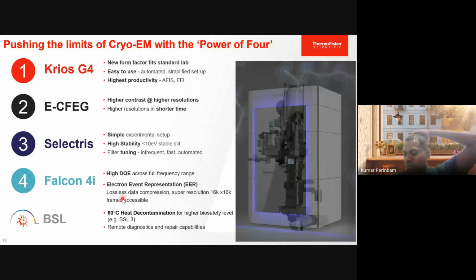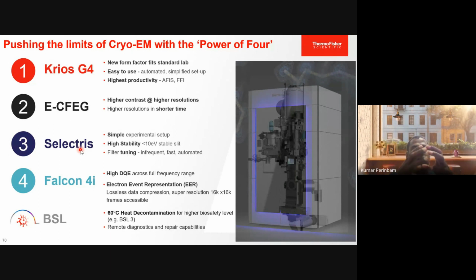Sorry, I'm running a little out of time, so I'll quickly go through this. This is the cryo-S tool which I've been mentioning. This is the FEG electron gun, that's the source that we use. The selectris is a bunch of coils, completely motorized, which selects after the electron beam passes through the sample.